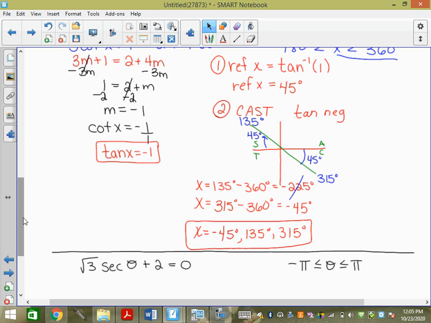What's -pi to pi in radian or in degrees? -180 to 180.